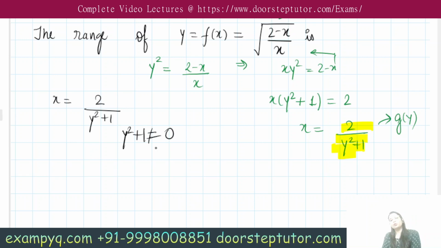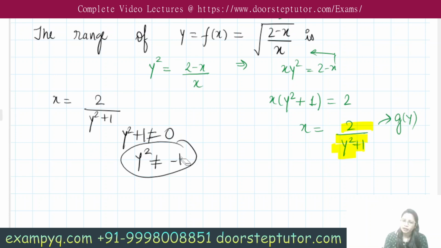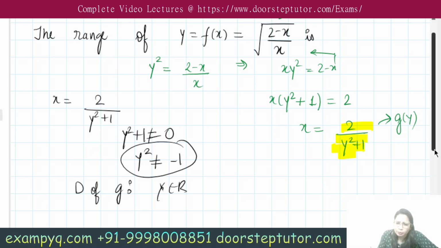Now it's similar to the example that we have already done: this never actually occurs. This is not occurring for any real value of y. So we say that the domain of g is simply y belongs to R, because y square equal to minus 1 is not going to happen for any real number. So that's why all real numbers belong to the domain of g.